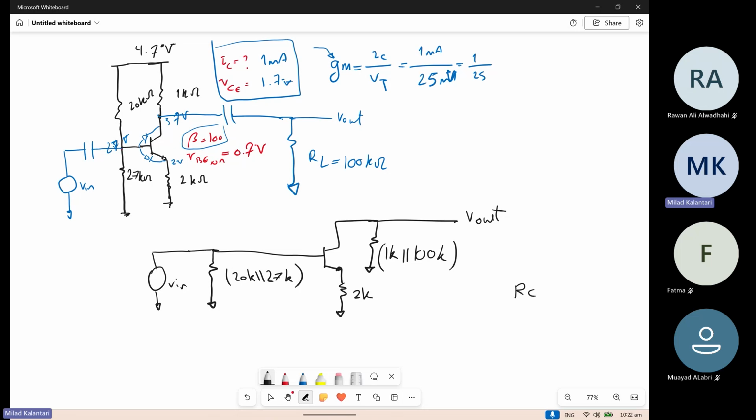So if you want, you can just put some small value for R pi here, some RO here, but there is some GM something here, some current source, right?